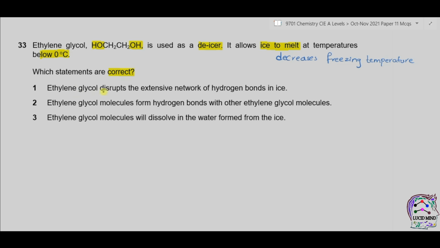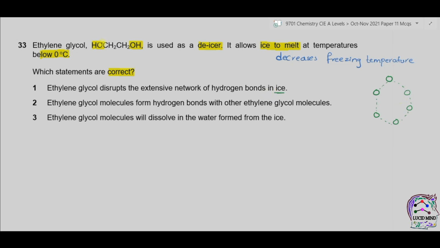First one, ethylene glycol disrupts the extensive network of hydrogen bonds in ice. Now we know that in ice, 6 water molecules arrange themselves in such a way as to make a hexagonal structure. And there is empty space due to which ice floats on water.